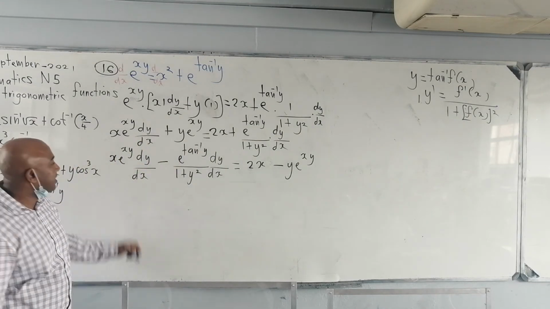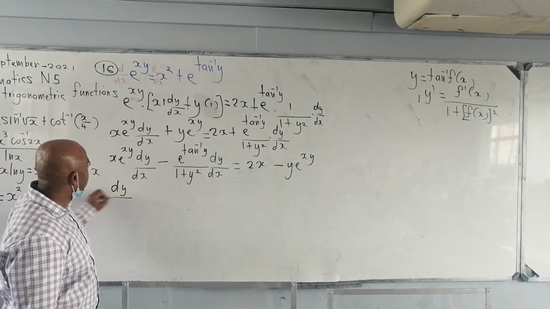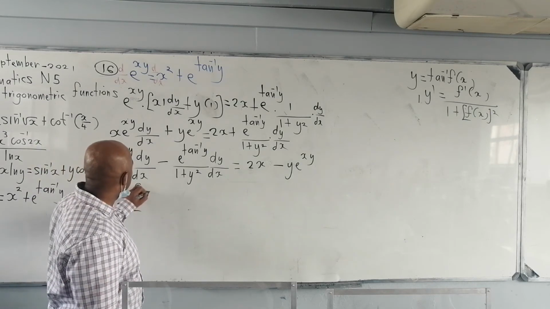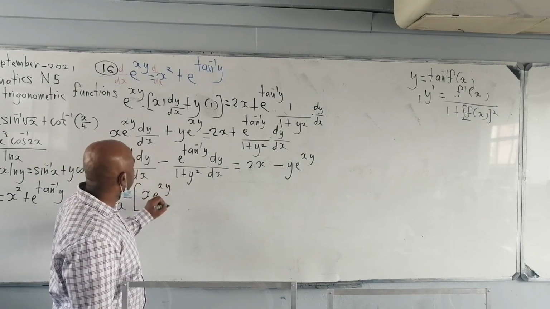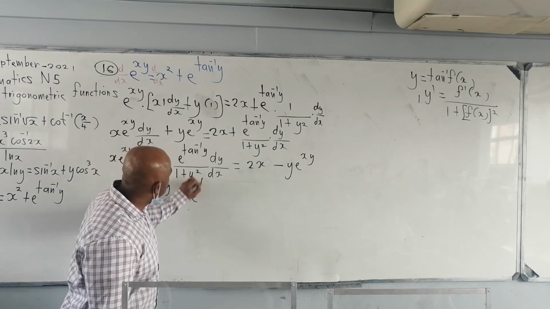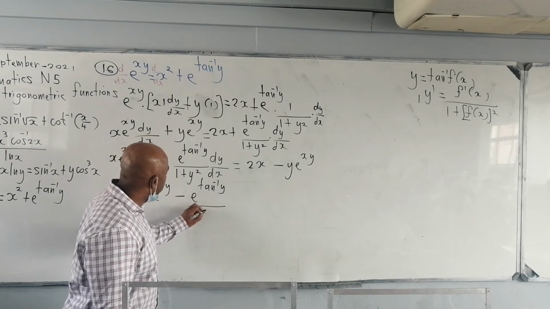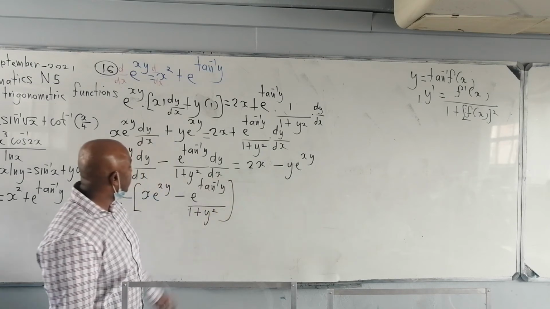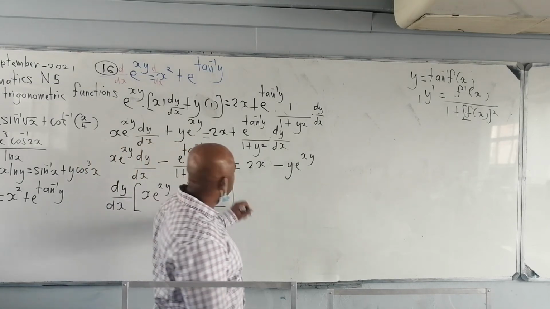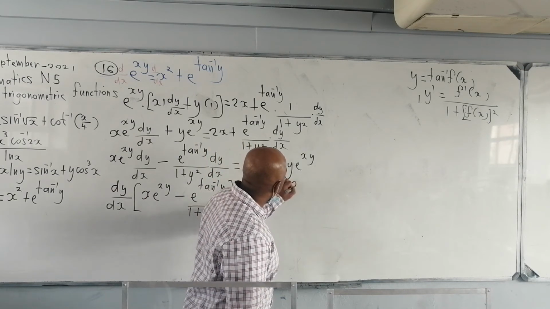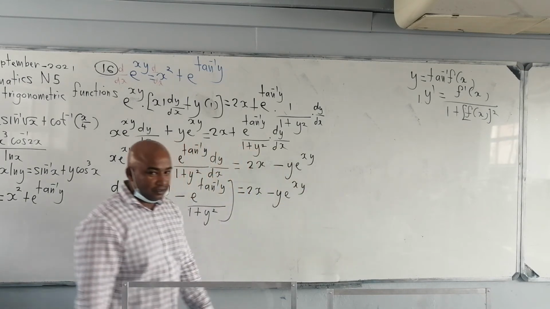Take out a common factor and divide. This is all simple things to do here. You can see that dy over dx, there's a common factor, so that's x e to the power xy minus e to the power inverse tan y all over 1 plus y squared is equal to what you have here, 2x minus y e to the power xy.